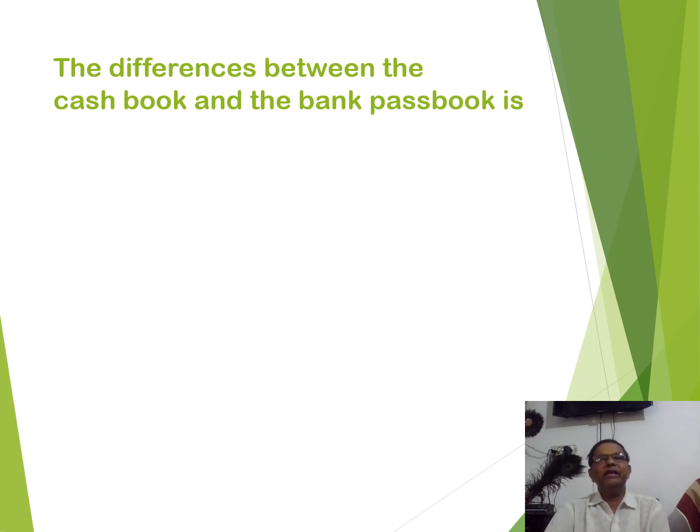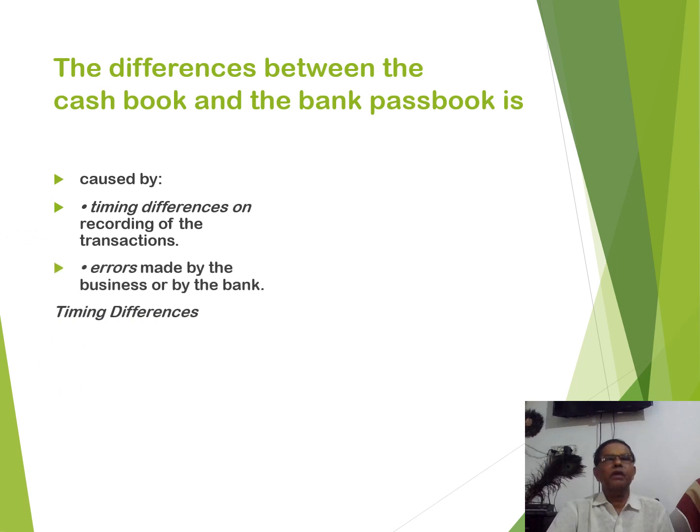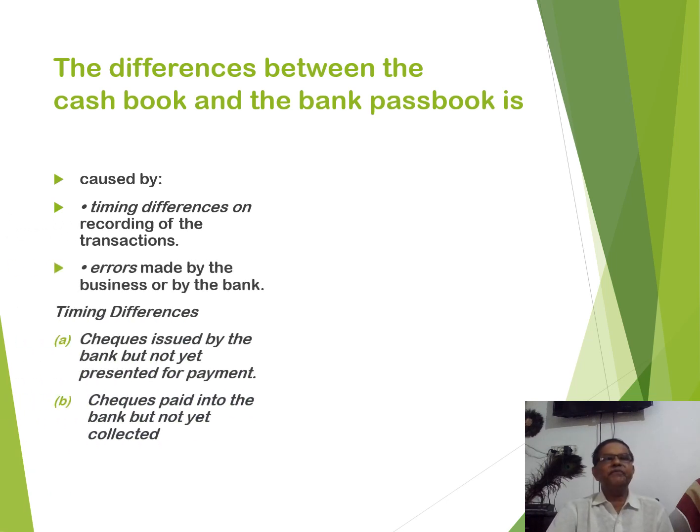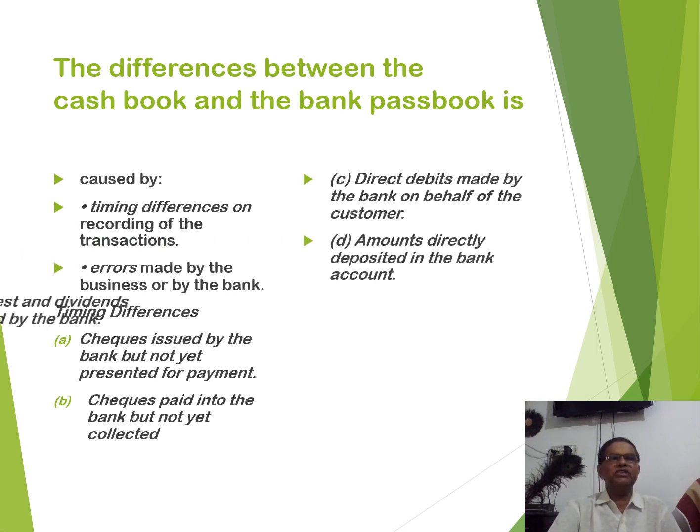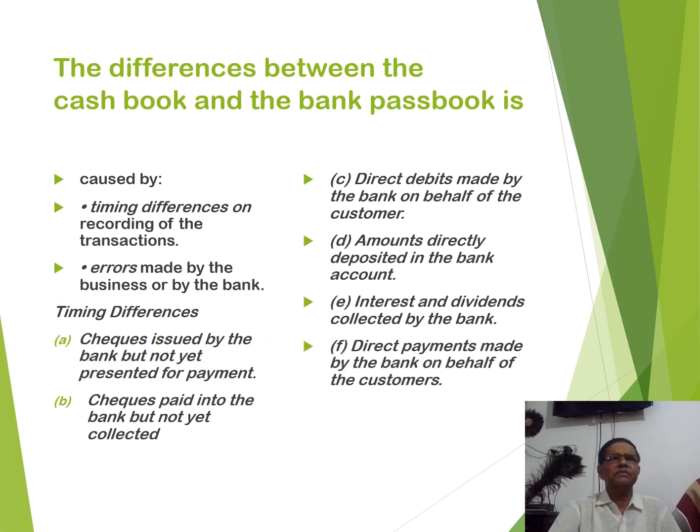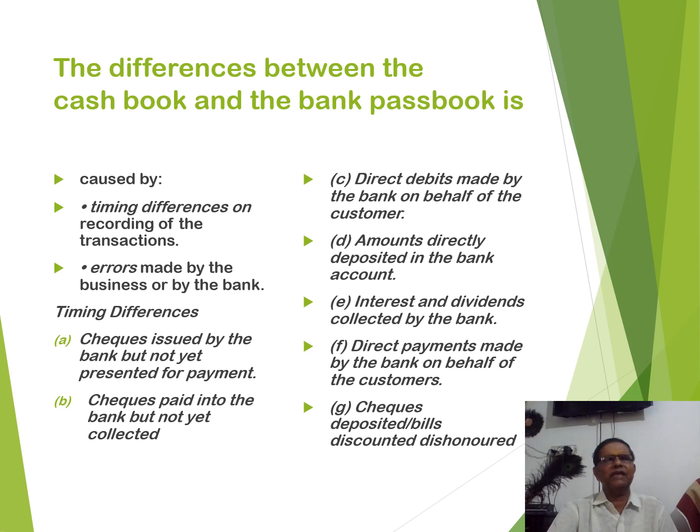The difference between the cash book and passbook may be due to differences in timing. When we deposit, the bank may not have credited; when we issue a check, the party may not have deposited it. These are different causes of difference, and there are other various causes as well.